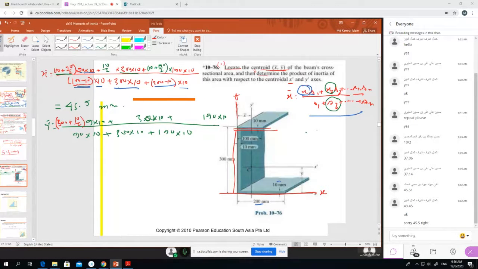Here is somewhere the middle, just half of the 300. Okay, done. So now do the calculation and tell me the result, please.